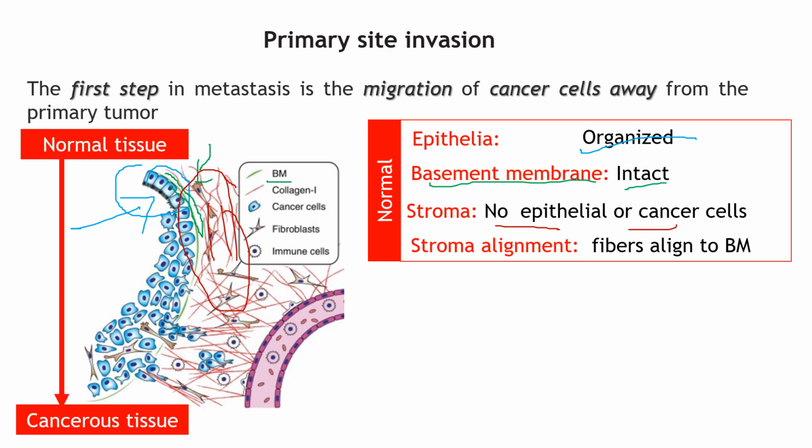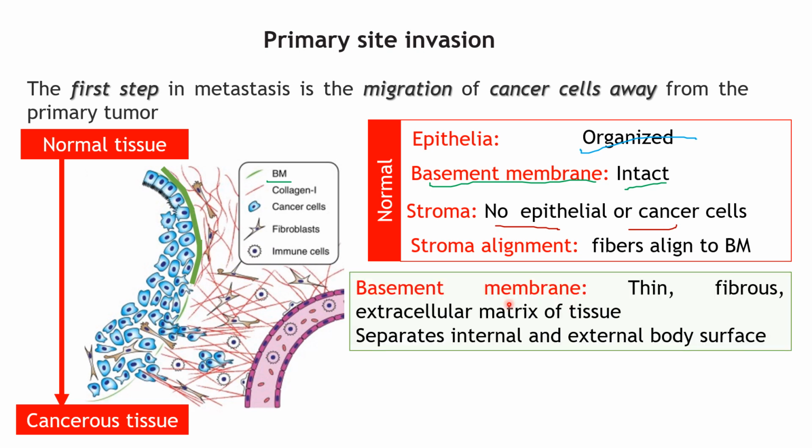basement membrane. Just in case, I'm going to put a definition here. The basement membrane or basal membrane, here in green, is a thin, fibrous extracellular matrix of a tissue that separates the internal and the external body surface.